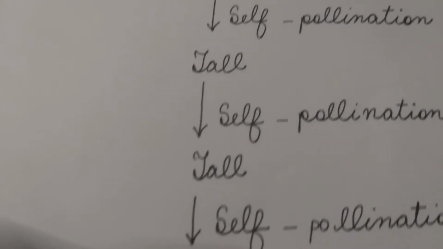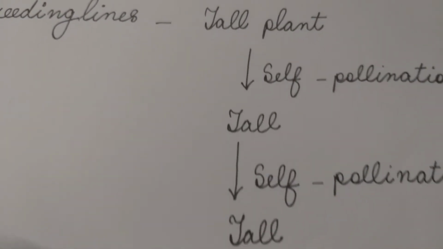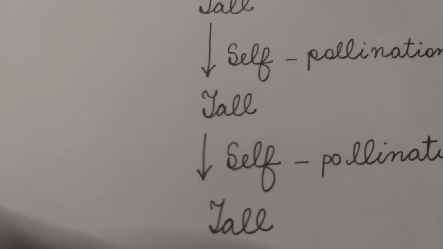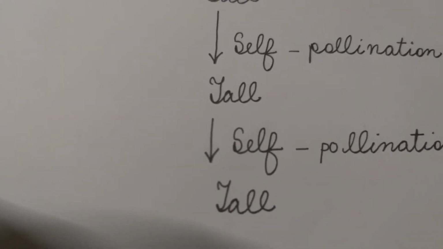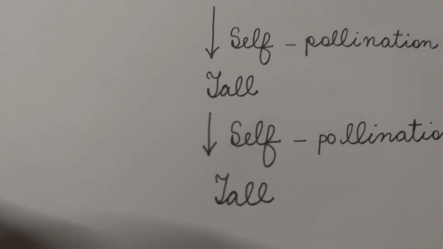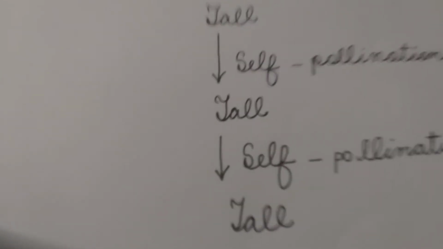These are called pure lines. The tall plants produce tall plants generation after generation if self-pollination is done continuously. So these are called pure lines or true breeding lines.